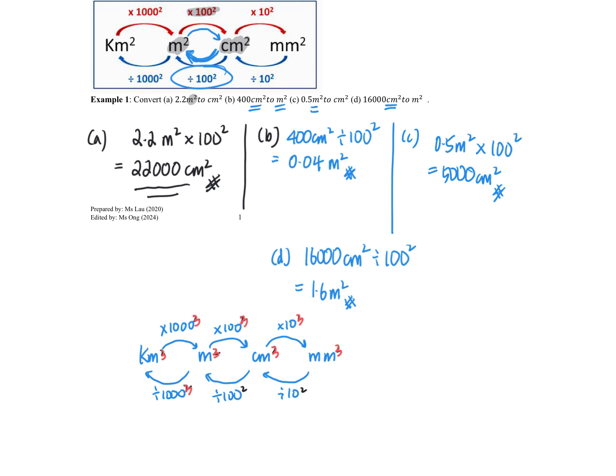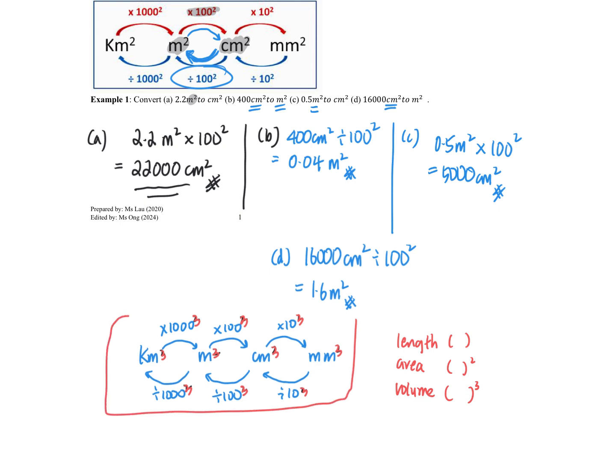So this chart you can use for length, for area, for volume. When it's length, it's just your normal quantity. Area, you square it. Volume, you cube it. Just one powerful chart for 1D, 2D, 3D. That's all for the conversion.